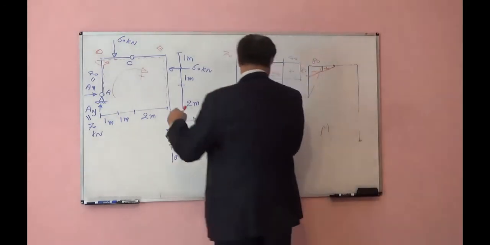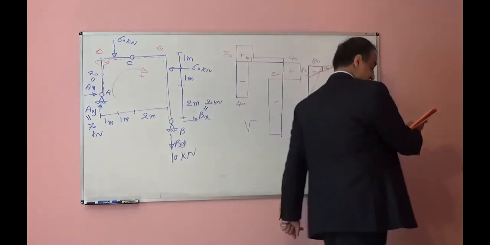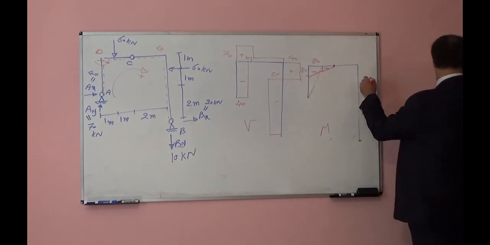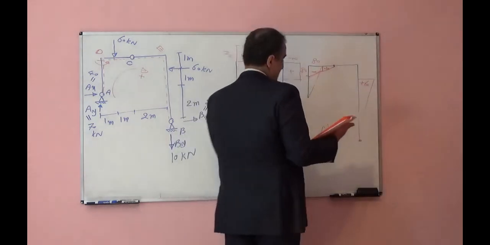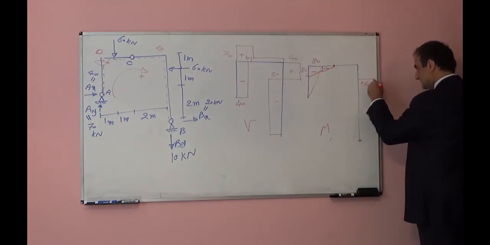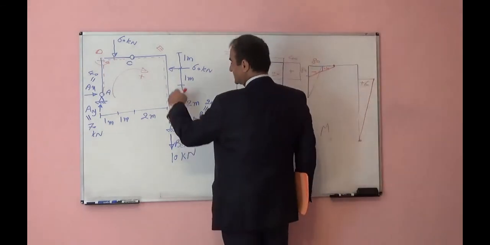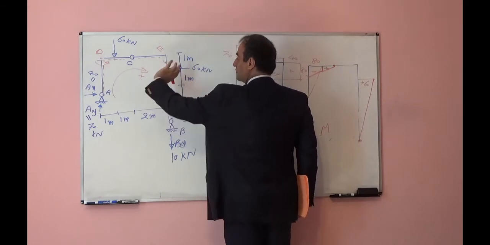Just before 60, the moment will be Bx times 3, 20 times 3, which is 60. So it will be here positive 60, and because there is no force, the shape should be one diagonal line. Why positive? Because this Bx times distance 3 just before this load applies moment in this direction.